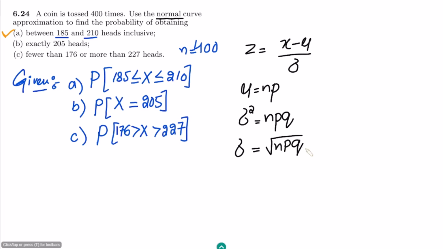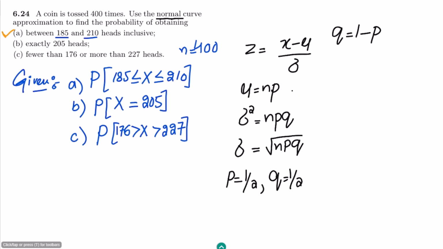Okay, what is Q? Q is 1 minus P. All of these values are given. The value of P is 1 by 2 because this is the coin toss example, and the value of Q is therefore 1 minus P, that is again 1 by 2.